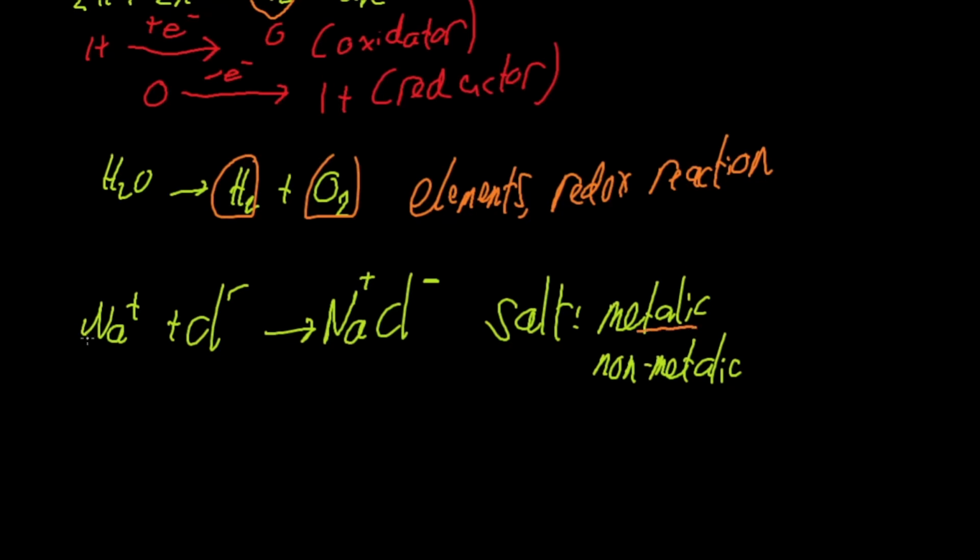So the metallic is in this case the sodium, and the non-metallic is the Cl minus. So if you spot a reaction between a metallic and a non-metallic ion, it isn't a redox reaction, but it is a reaction that makes salts.